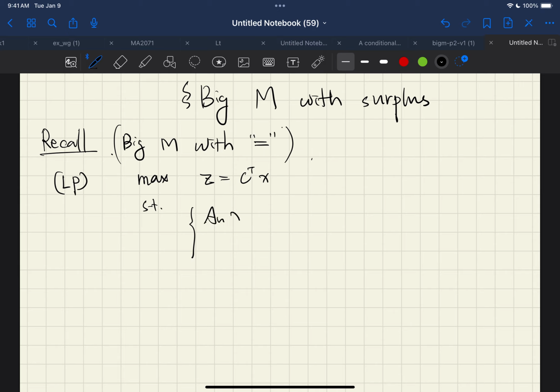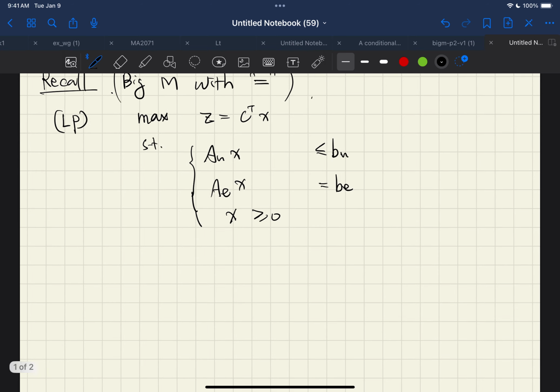So you may have two sets of constraints. One is less than or equal, and another one is equality constraints. And of course, we assume every variable is greater than or equal to 0, which is the sign constraint.